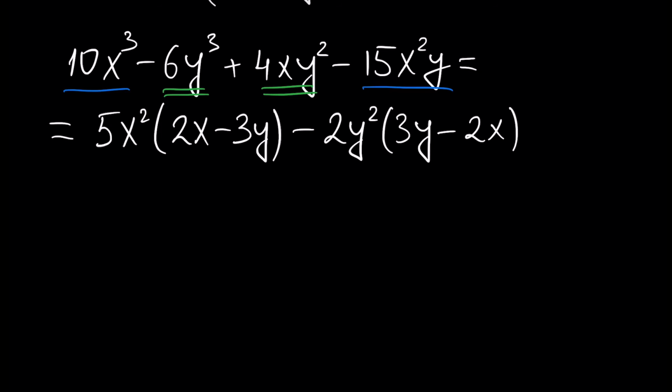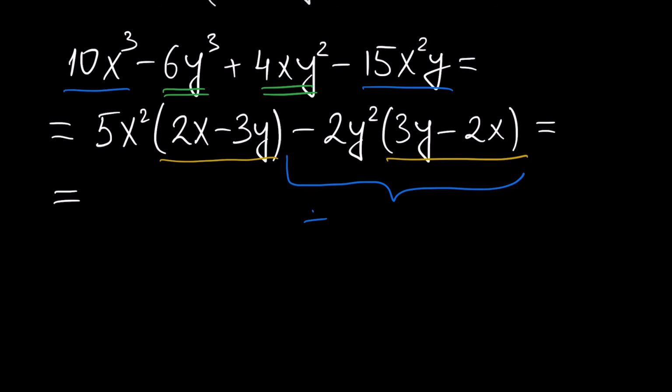Here, as you already noted, this term and this term are equal except the sign, so we can change the sign for the second term of our expression and write this will be equal to plus 2y squared times 2x minus 3y.